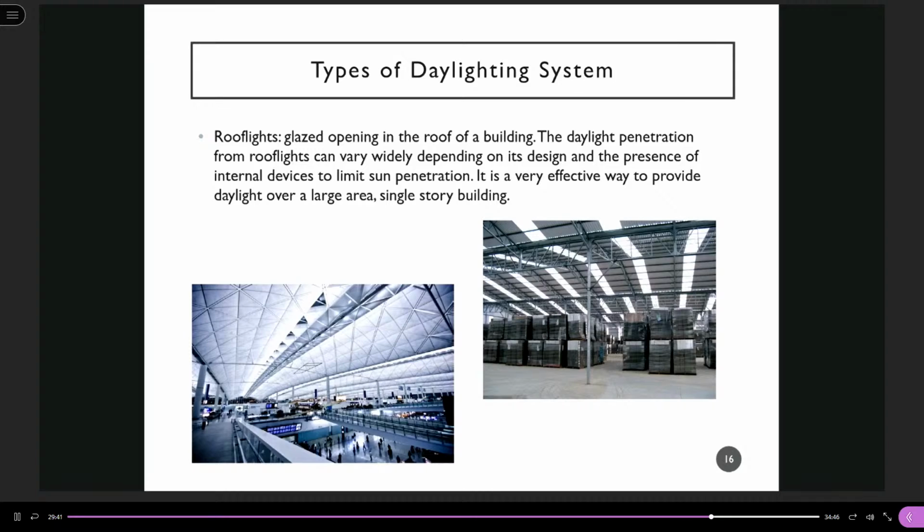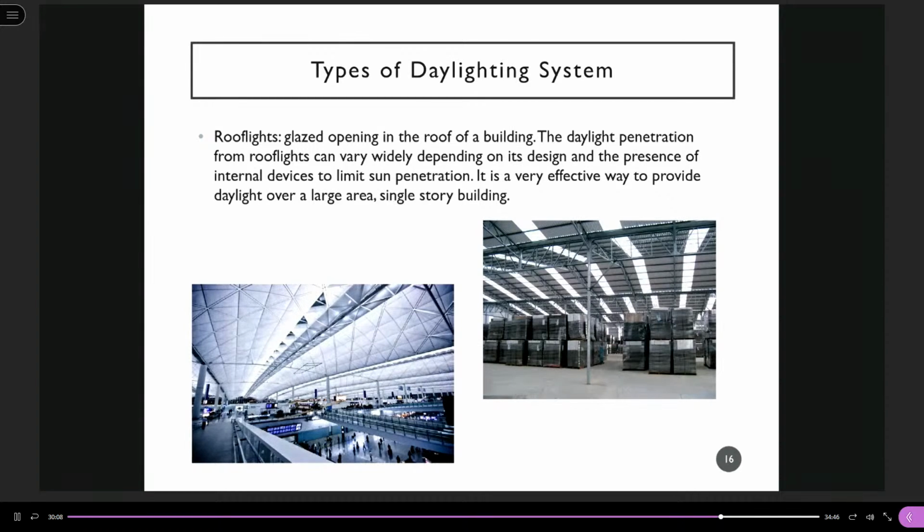Okay, roof lights. A glazed opening in the roof of a building. Daylight penetration from the roof light can vary widely depending on its design and the presence of internal devices to limit sun penetration. In the Hong Kong International Airport, we have the roof light, and even in the Hung Hom train station, we also have the roof light.